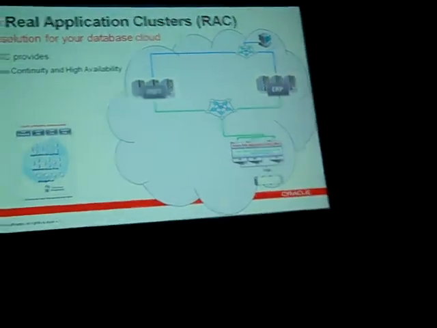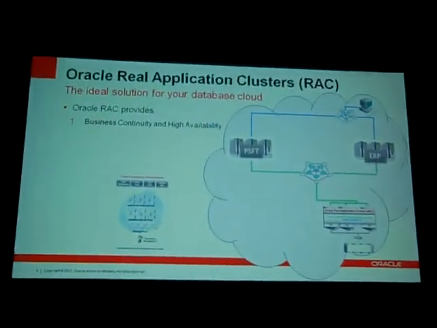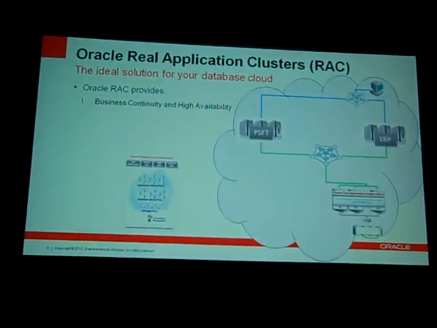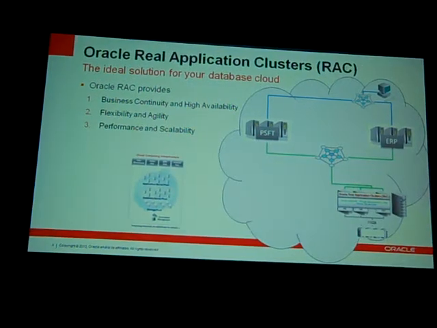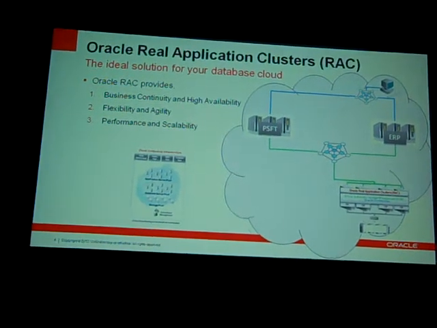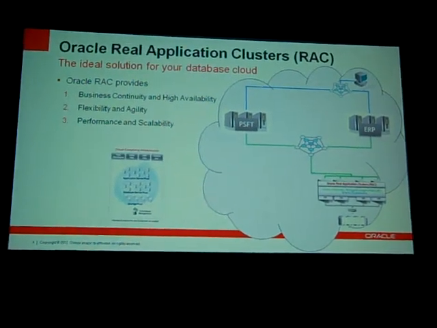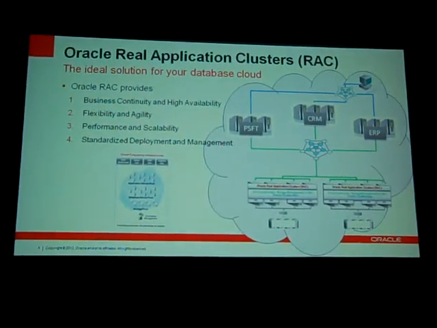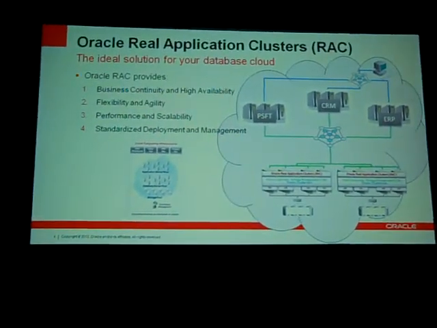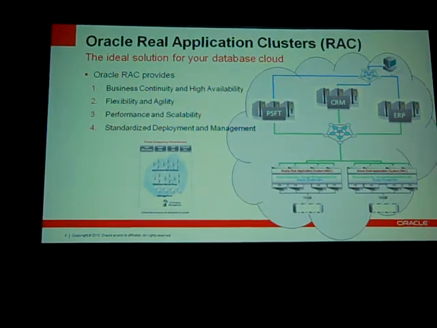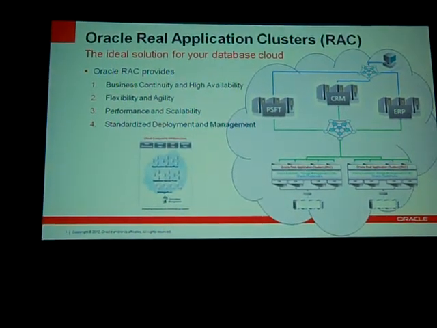It has always provided great business continuity and high availability, and flexibility and agility and performance and scalability. However, if you look at what we did, we made it easy to add a node to extend the cluster, or we also made it easy as part of standard deployment and management to add another cluster and then deploy another application on this environment, which we call the Oracle RAC stack.